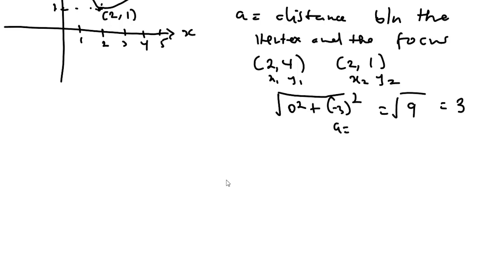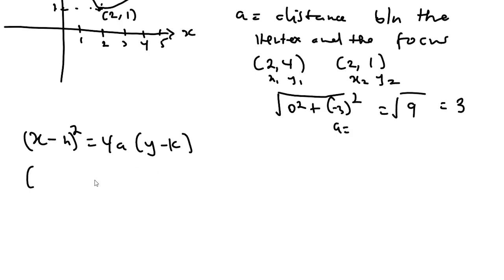Okay, now we know our A, then we know our H and what? K. So the equation, we have x minus h all squared being equal to 4a, then y minus k. Now our h is what?